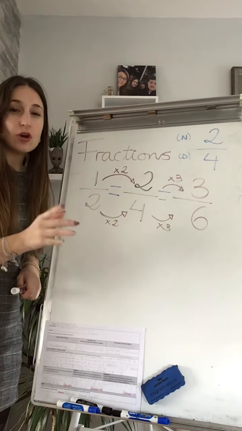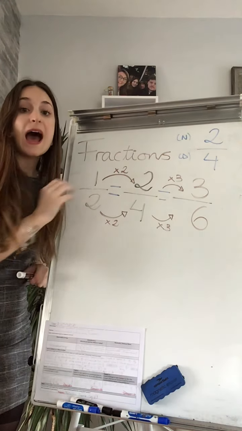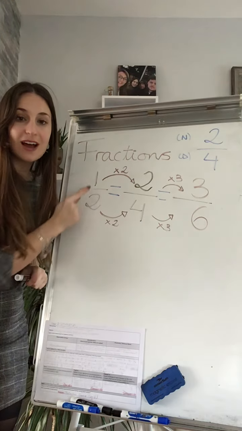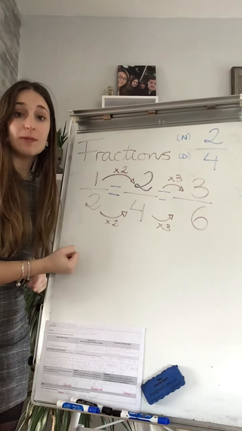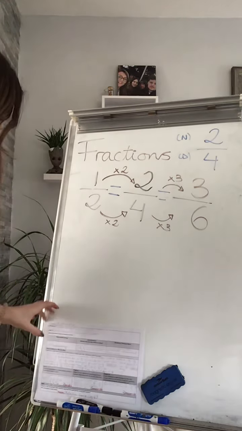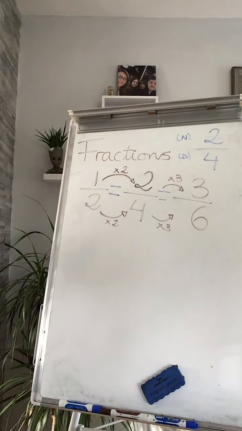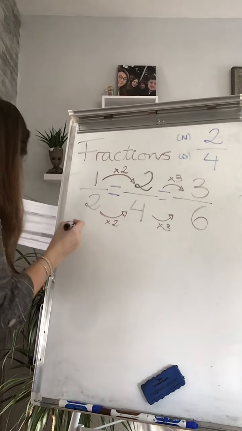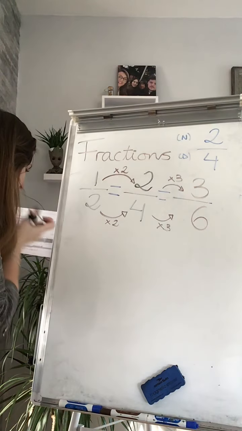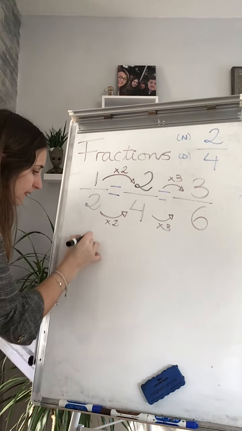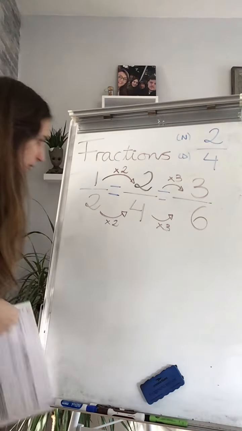Can you see that? So to find an equivalent fraction, we do need to take the fraction and times the numerator and the denominator by the same number, so you will get an equivalent fraction. Can you try to find the next one?